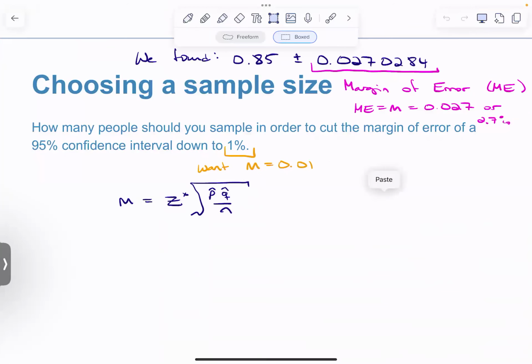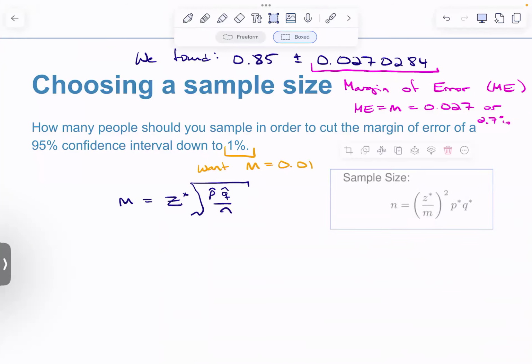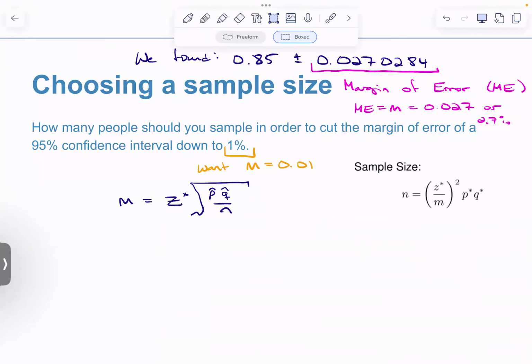What's nice is one sample proportions are the only questions where we're going to be able to calculate the sample size. And so that's kind of nice, or that we will do it anyways. So if we want to solve for n, how many people, right, is really saying solve for n.